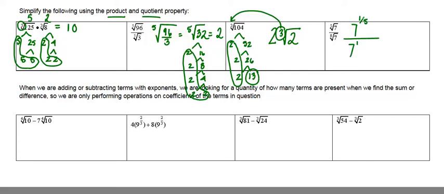I know that if there's a 5 in my index, there's a 5 in the denominator. So I can write both of these as 7 to the power of 1 over 5 over 7 to the power of 1 over 8. We said last week, if my bases are the same, then I subtract my exponents.